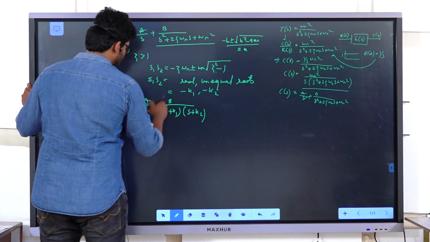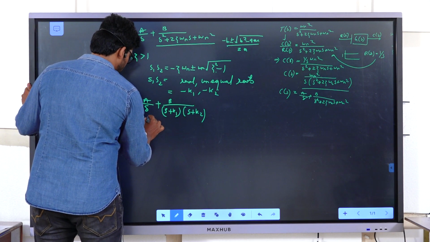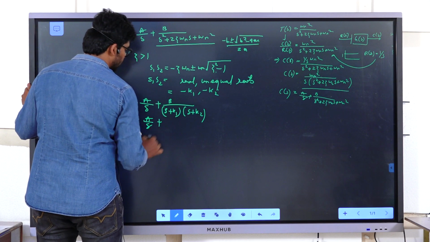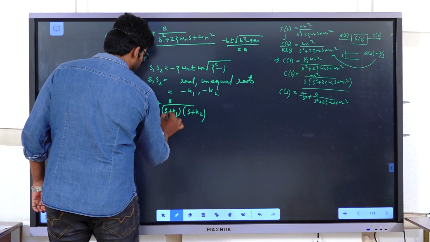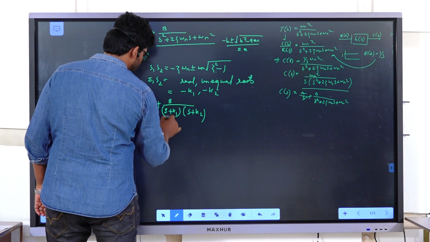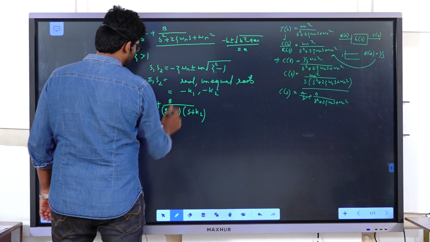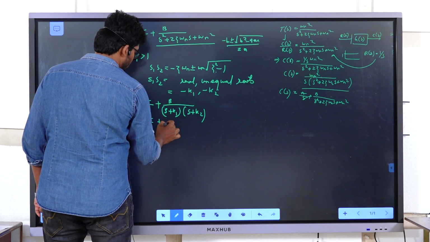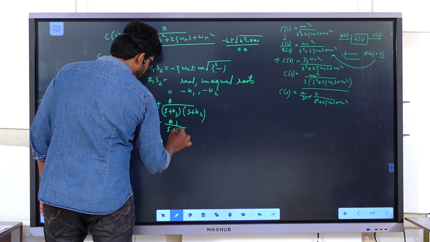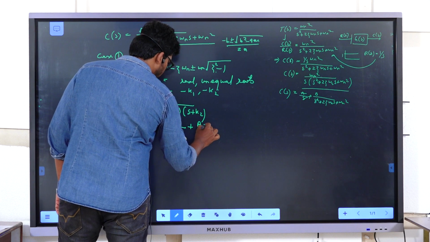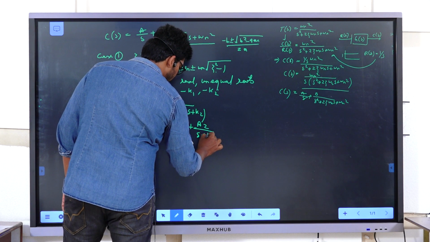Further, in place of b we will keep some constants: a1 by s plus k1 plus a2 by s plus k2.